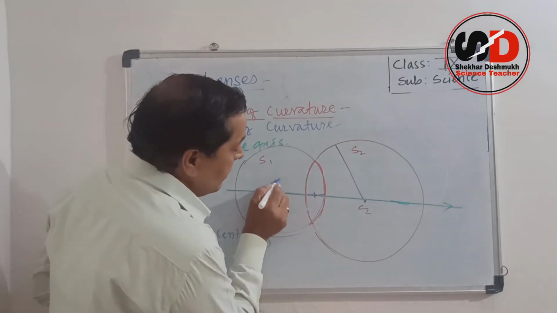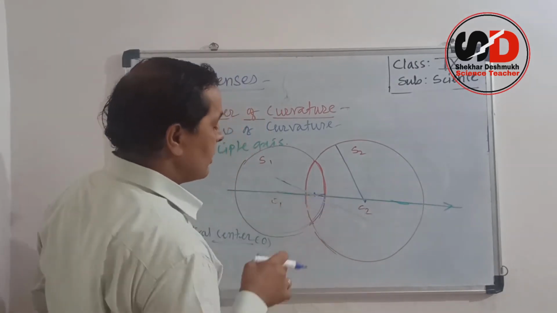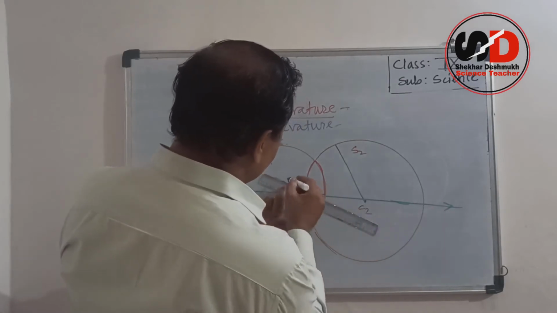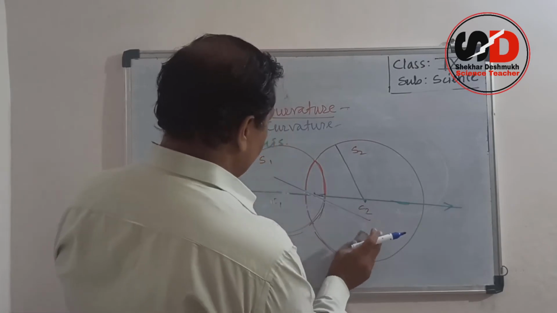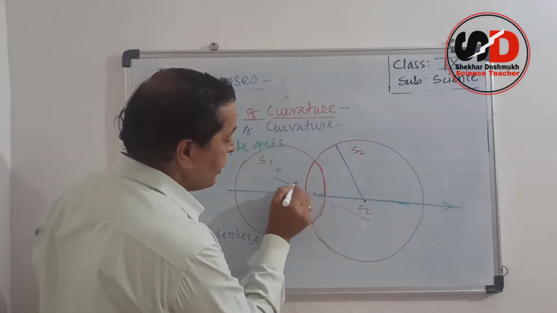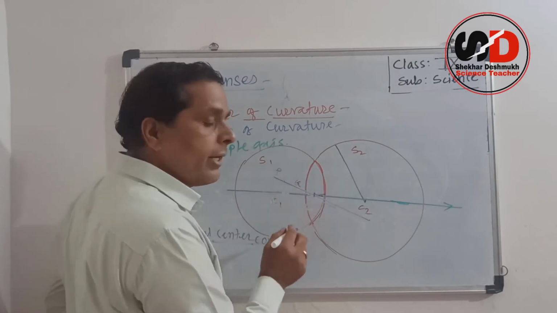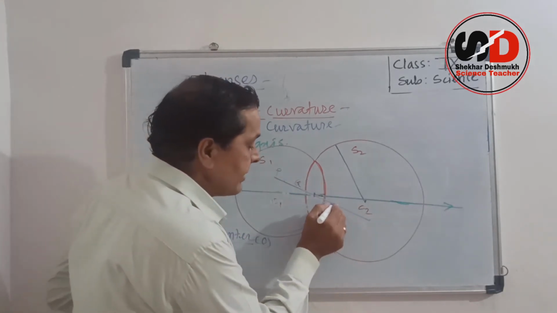Suppose this is the light which is traveling through it. Suppose the light ray PQ passes through this point, and without any deviation, without any change in direction, it passes through it.